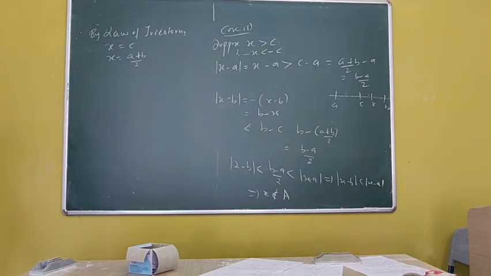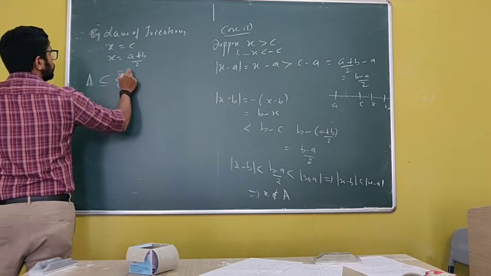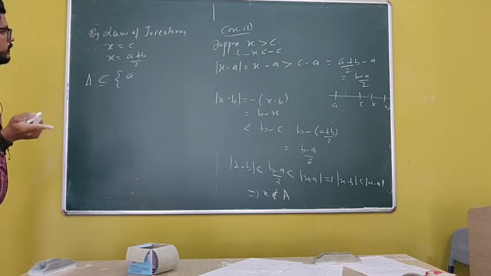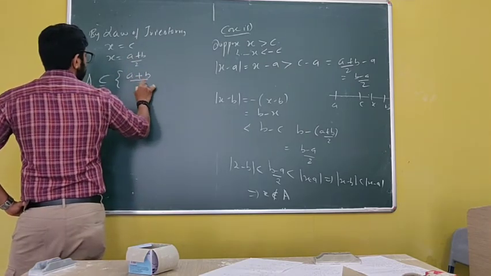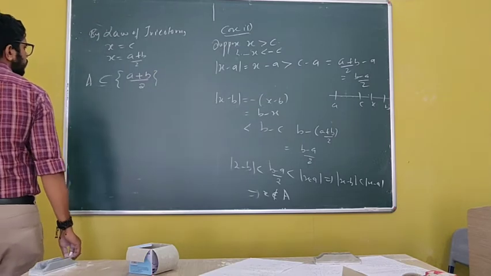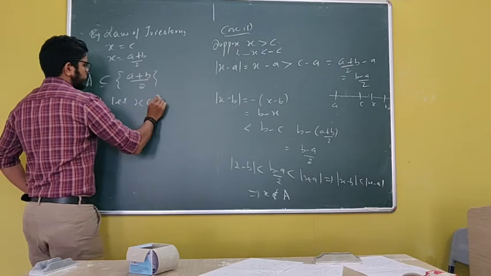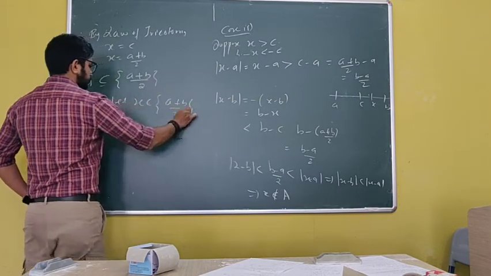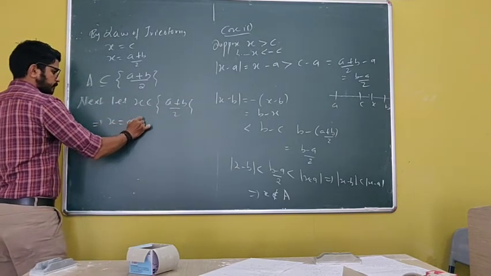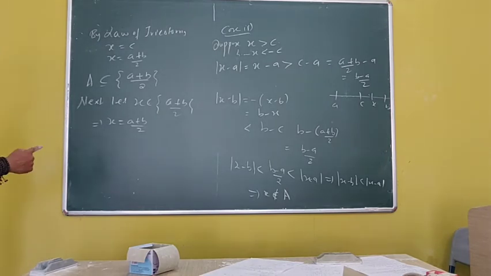So what do we do from here? A is contained inside the singleton, because I have taken x in A, and what I showed is x is this, so x is contained inside this, right? Next, x belongs to this singleton {(a plus b) by 2}. That means it has to be this. This implies that x must be equal to (a plus b) by 2, right? Therefore, if x belongs to the set, it must satisfy both the conditions.